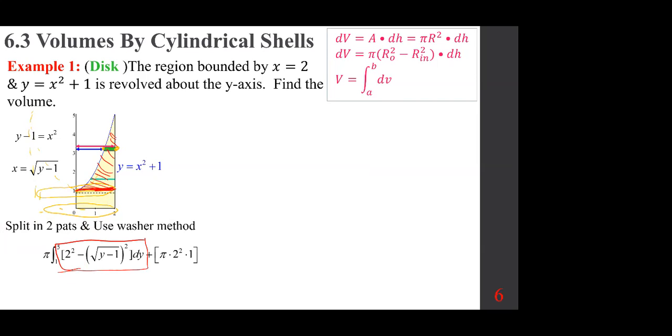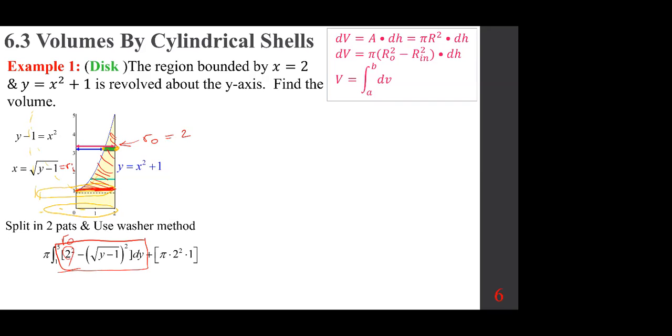So the outer piece, R out, is always 2. And R in is the x coordinate of the curve or the parabola, which is square root of y minus 1. So in other words, this is R in, R out equals 2.